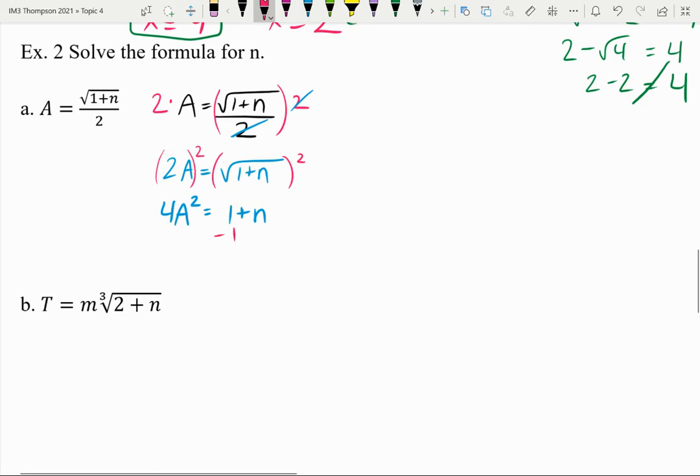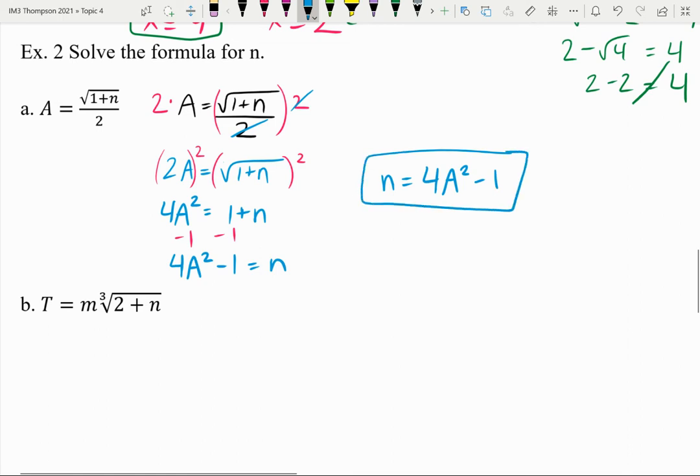Then final step would just be to subtract 1. So 4a squared minus 1 is equal to n. And I'm really in the habit of always putting whatever I'm looking for first. So I'm going to do n is equal to that.